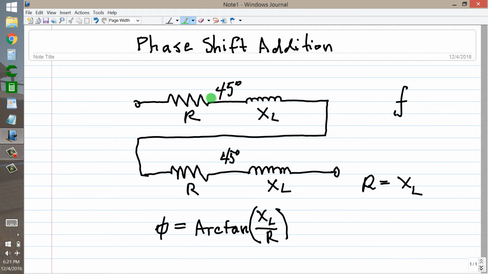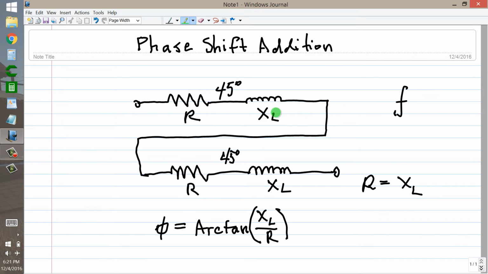Now, doesn't that imply that we're going to get a 90-degree phase shift here with respect to here, that here the current is going to lag the voltage by 45 degrees, and then here it's going to add another 45 degrees, so that here we find that the current lags the voltage by 90 degrees? It only makes sense, right? It seems to make intuitive sense.